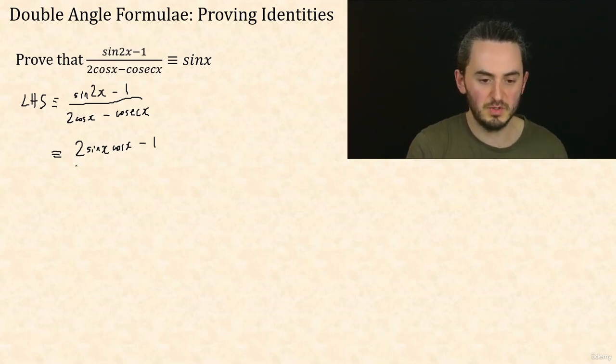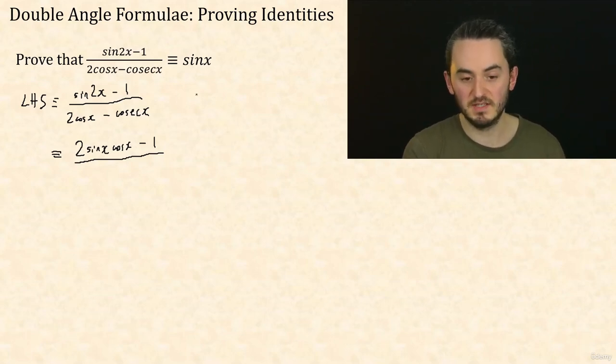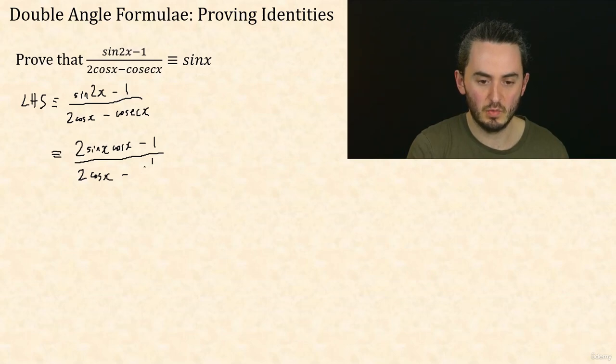Okay, what about on the bottom? Well, I've got this cosec here. Since we're aiming for a sine x, and since cosec x is 1 over sine x, I might as well rewrite it like that. So I've got 2 cos x minus 1 over sine x. Maybe you can see this now, maybe you can't, but fractions over fractions are never usually a great idea.